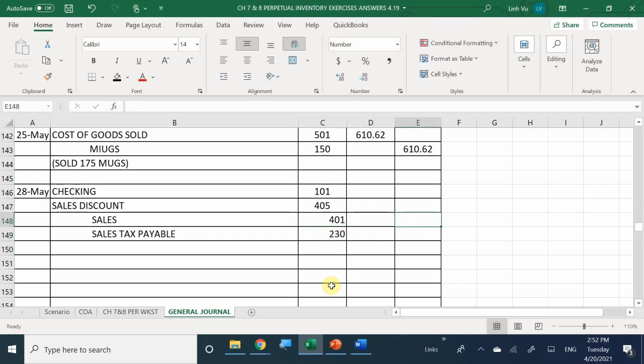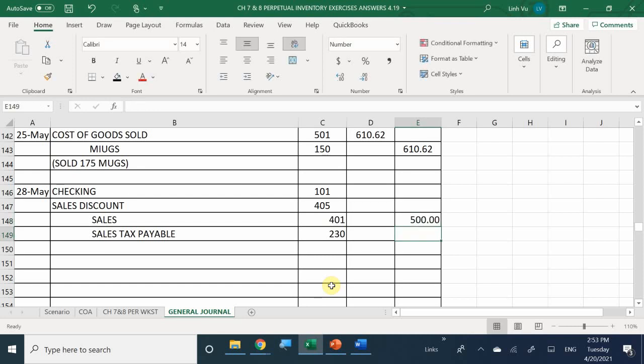In this case, I sold all 50 mugs at what? How much did I charge for each cup? $10. So his total sales should be how much? 500.